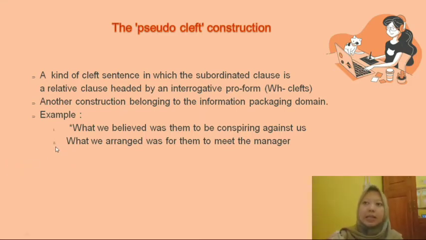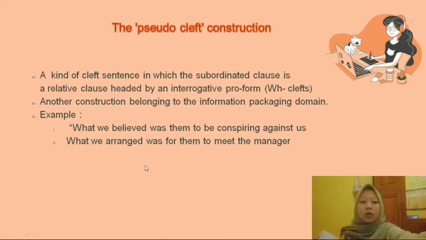And let's see the examples. Number one is what we believed was them to be conspiring against us, and number two is what we arranged was for them to meet the manager. Okay, let's see example number two. What we arranged was for them to meet the manager.